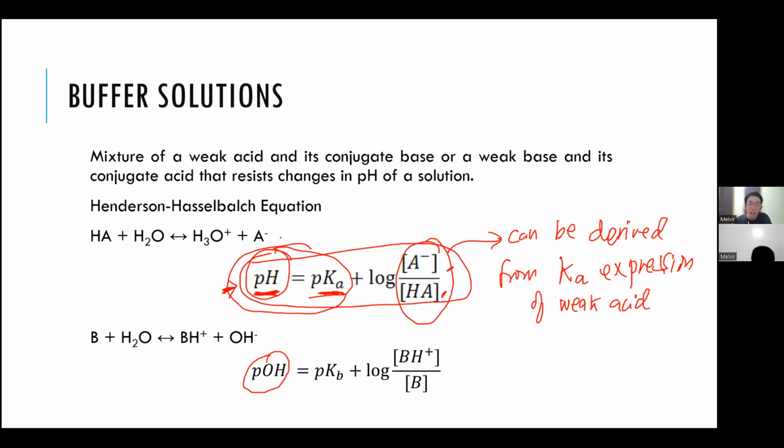Di ba recall, paano ka nga pipili ng acid? May target pH ka, pipiliin mo yung pKa na ano yung range? Plus, minus what? Plus, minus, anong pipiliin mo na buffer? Na weak acid ng buffer mo. Dapat yung sa target pH mo, let's say ang target pH mo ay 4.5.